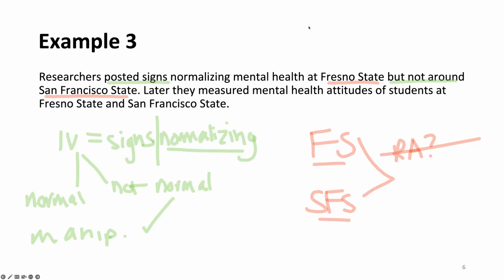So what could be happening here, and I'm going to clear this, but let's say that we measure the difference. Let's make this prettier. Okay. We measure the difference between attitudes towards mental health between these two groups. So we have Fresno State and we have San Francisco State.